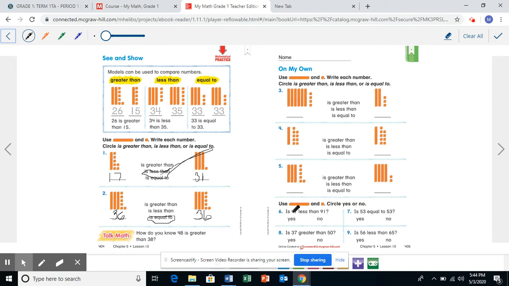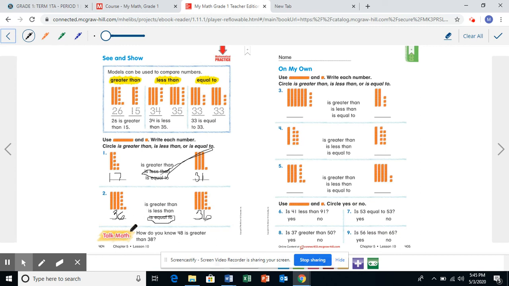Is 41 less than 91? So 41 is smaller than 91. Well, let's compare the 10's place. This is a 4 and that's a 9. I can automatically say yes, because the 4 is smaller than the 9. Therefore, it is less than 91.